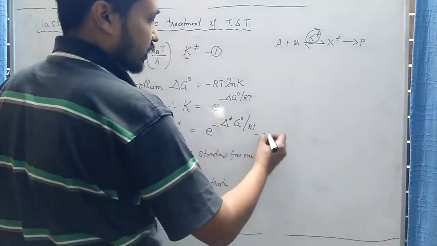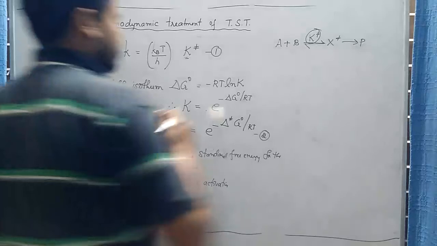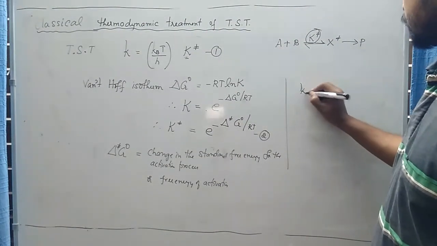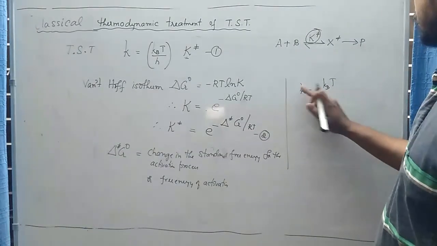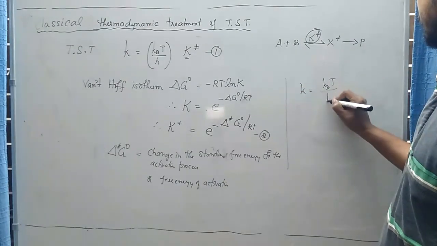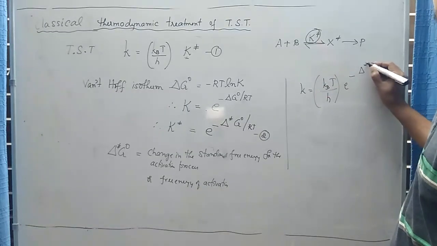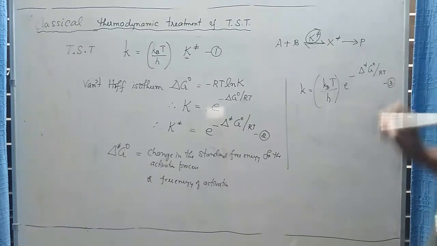If I take this equation as equation number 2 and substitute in equation number 1, then the rate constant k is equal to kB into T divided by h into e to the power minus delta dagger G naught divided by RT.